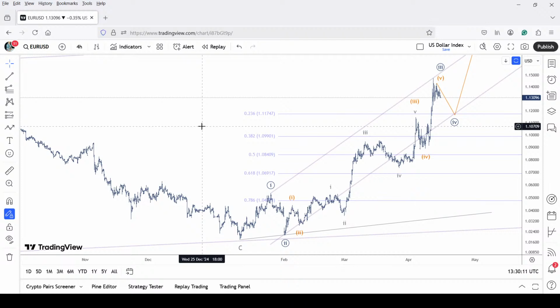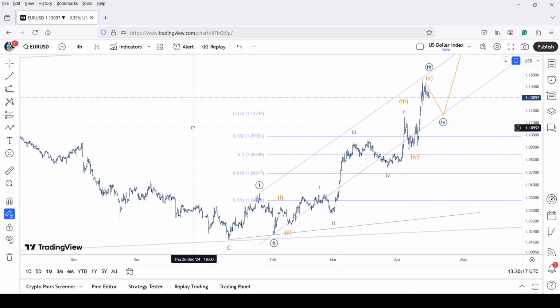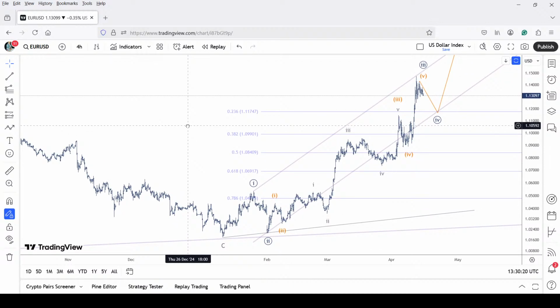Let's get started off with the Euro USD 4-hour time frame straight away. The consolidation continues as we were expecting, so no surprise there.